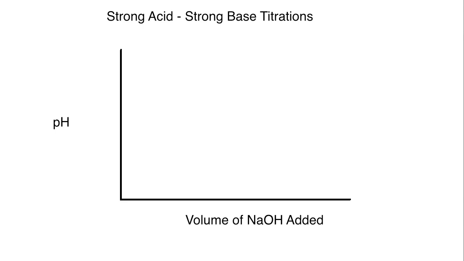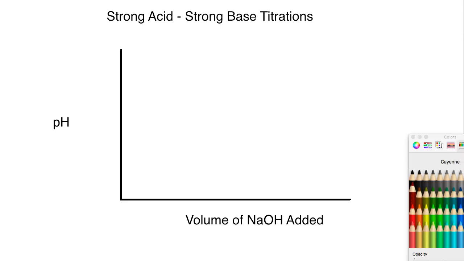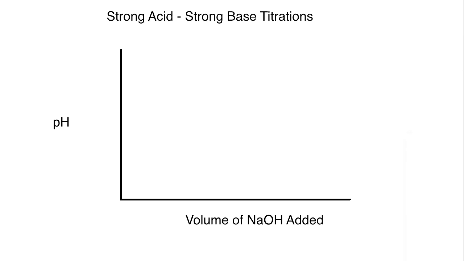So we start off with some solution of acid. Now, if it's a strong acid, we're going to expect that the pH would start off low. So when we get ready to start off, it's probably going to be somewhere down around here, assuming that this is, let's just say, a pH of 1.